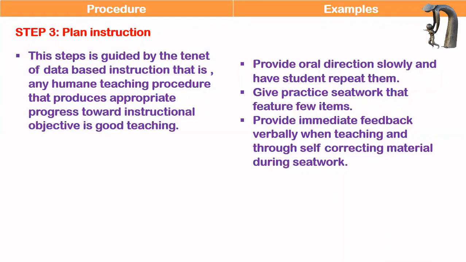It must be data-based instruction so that the teaching procedure is directed appropriately towards a good objective, which is equal to good teaching. Okay, so make sure that if you provide practice to the child, it will give you some sort of data.